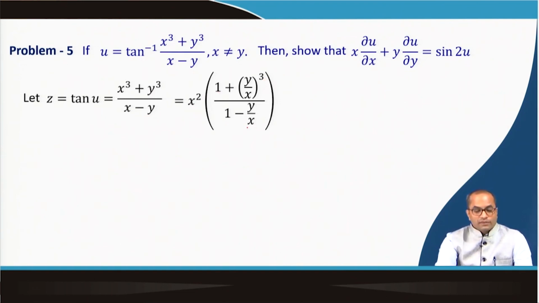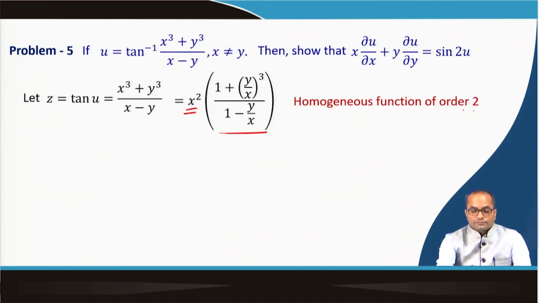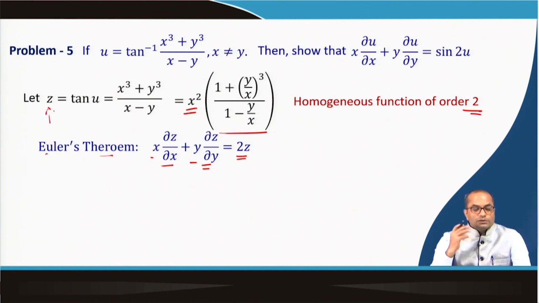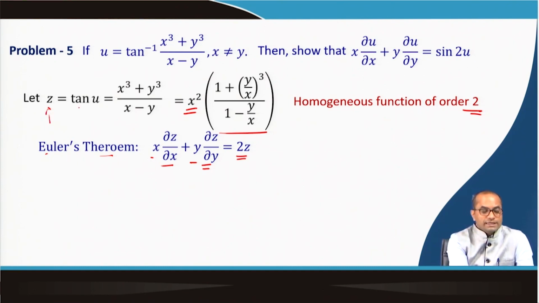So, this is a homogeneous function of order 2. Euler's theorem says that x del z over del x plus y del z over del y is equal to 2z. So, we can apply this Euler's theorem on this tan u function.